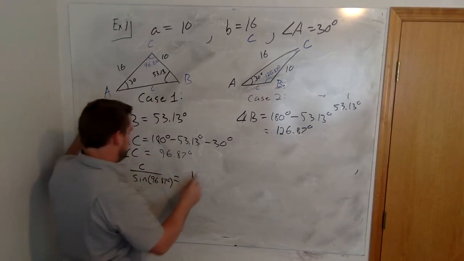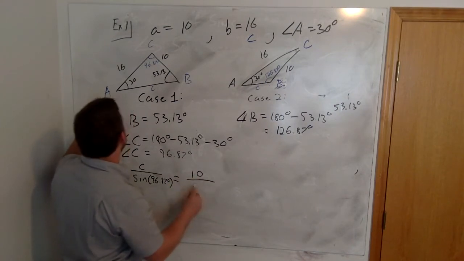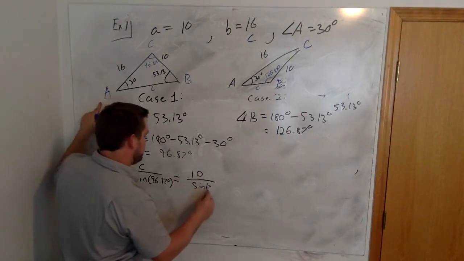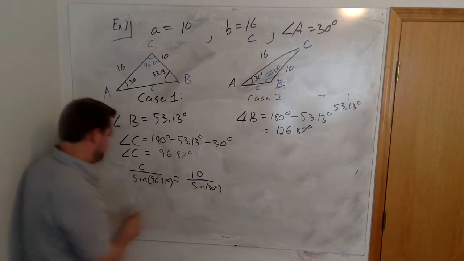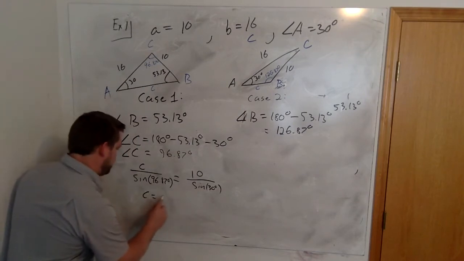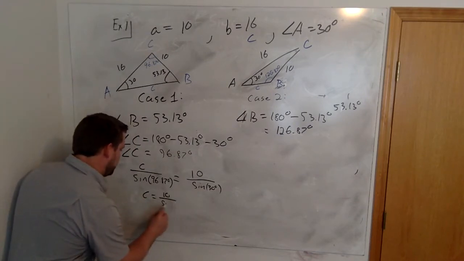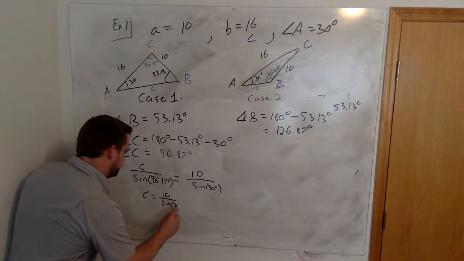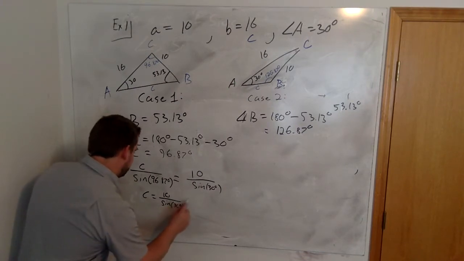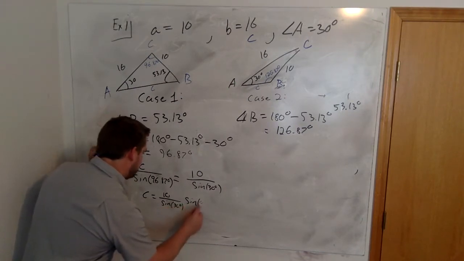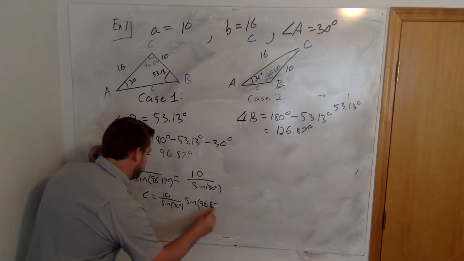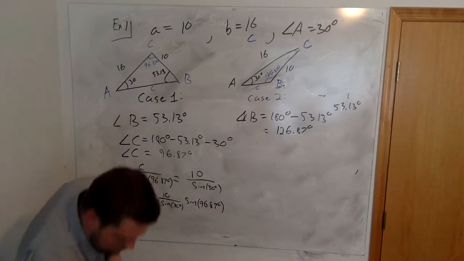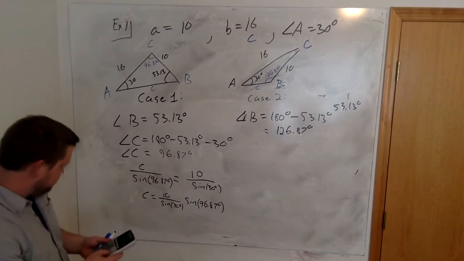How about we say 10 over the sine of 30 degrees. Okay, so C is going to be equal to 10 over the sine of 30 degrees times the sine of 96.87 degrees.